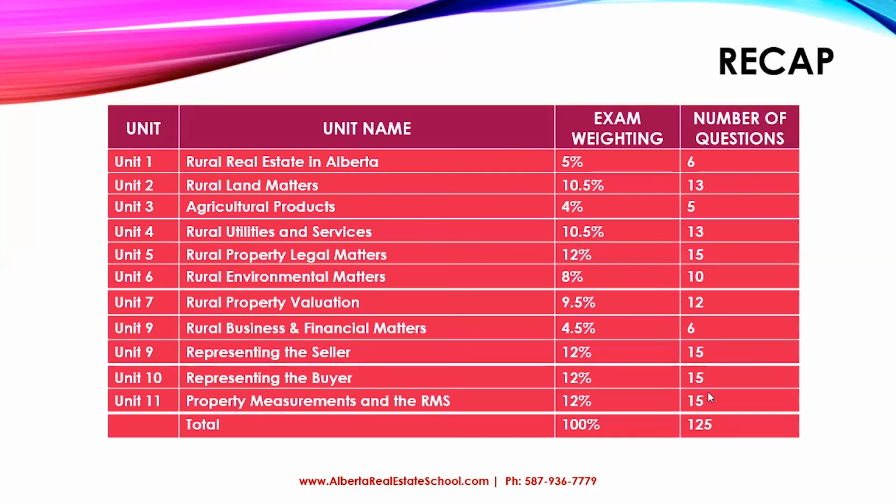So collectively, these 4 units are worth around 60 marks. So you're halfway there. And then we also have Unit 2, which is Rural Land Matters, which has 13 questions. And then we also have Unit 4, which is another 13 questions. So those are some of the most important units. And if you focus on these ones, you should be able to pass the course.